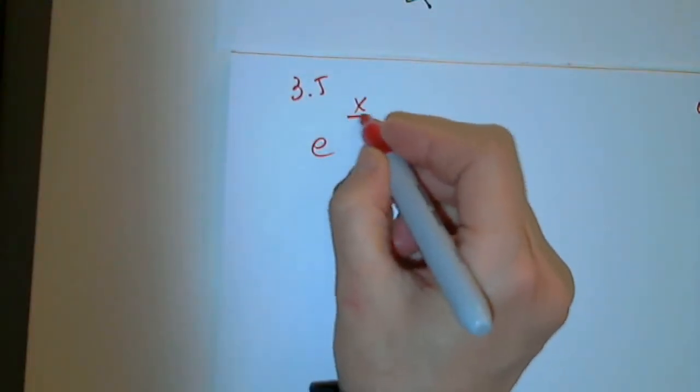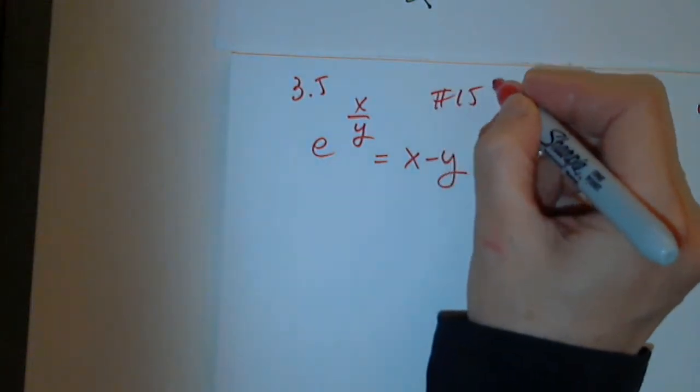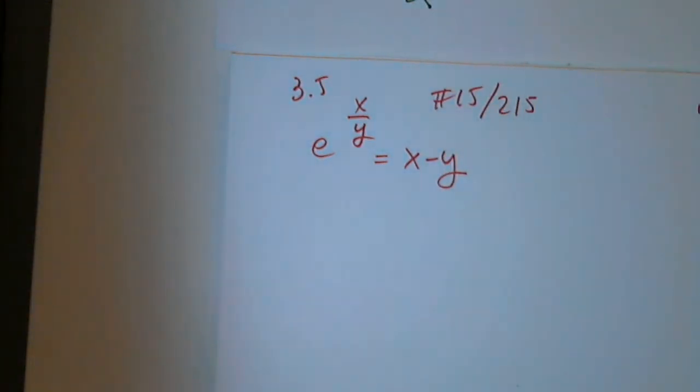I can choose, or you will choose. 15. Which one? 15. 15 it is. Okay. So in 15 we have e to x over y equals x minus y. So this is number 15 on page 215.